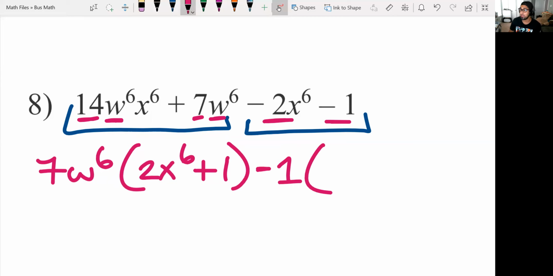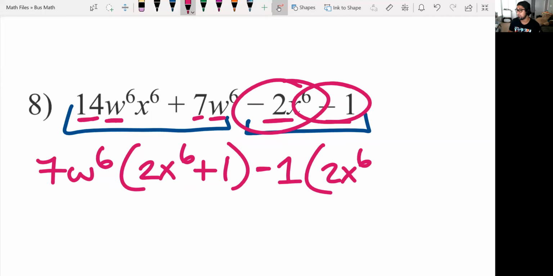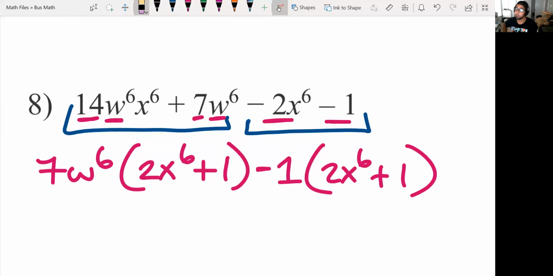If I factor out a negative 1 from negative 2x to the 6th, negative from negative makes positive. And then negative 1 from negative 1, once again, negative from negative makes positive. So it's a nice trick, right? You can factor out a 1, or you can even factor out a negative 1.